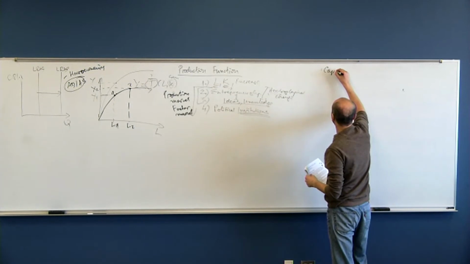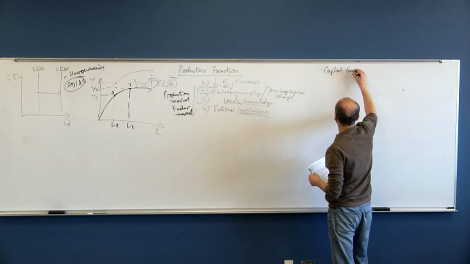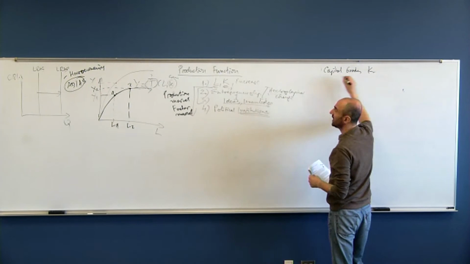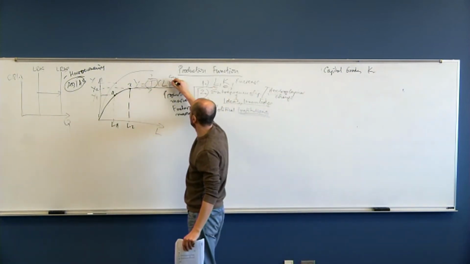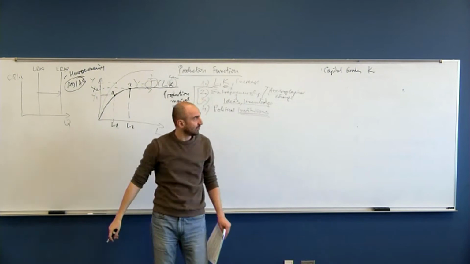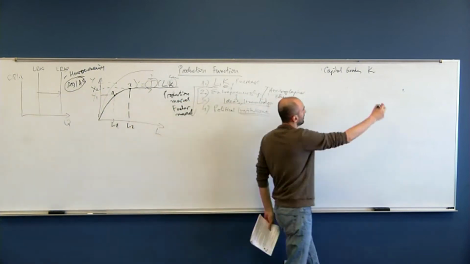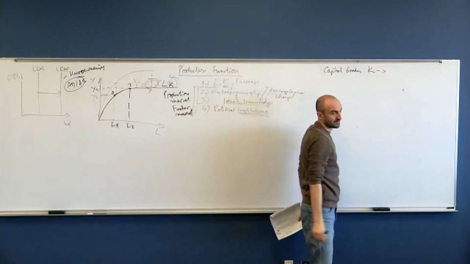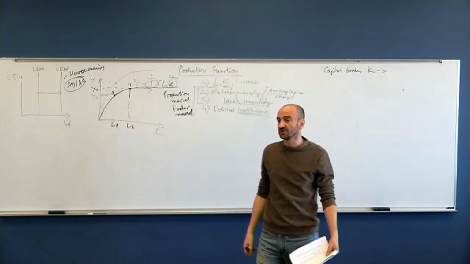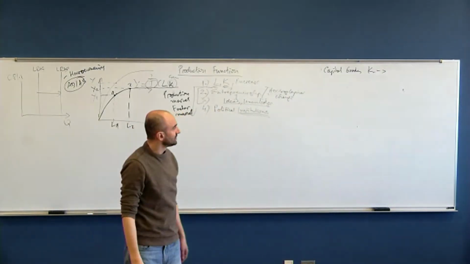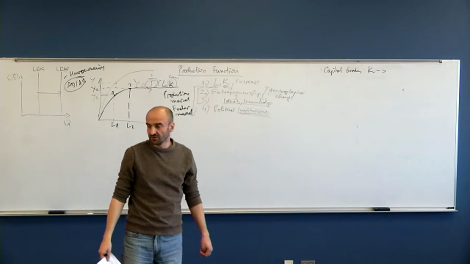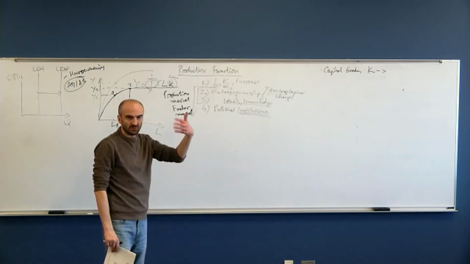Capital goods, our factor K here. L is labor, K is capital goods, a collection of all artificial instruments of production: machines, tools, equipment, buildings, and so on, and all intermediate goods.